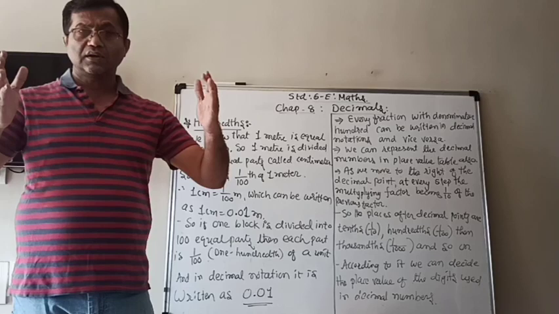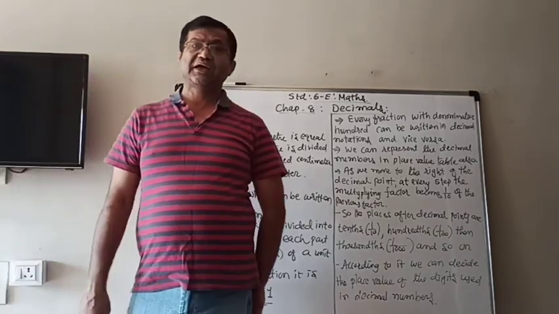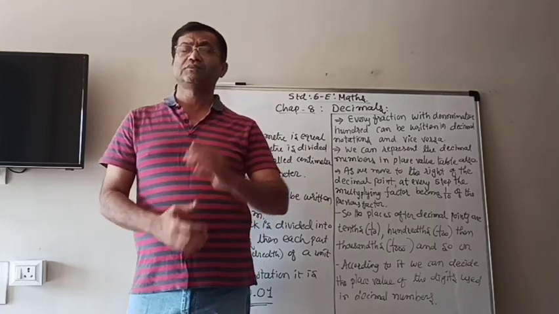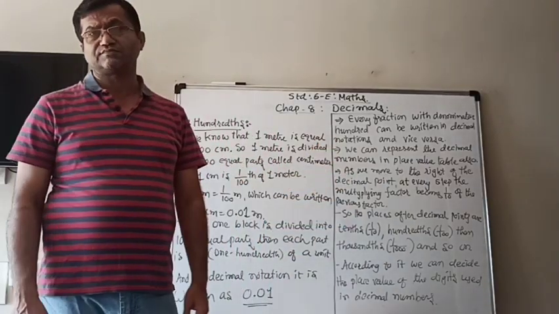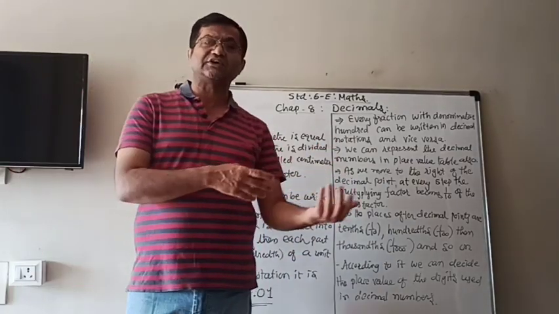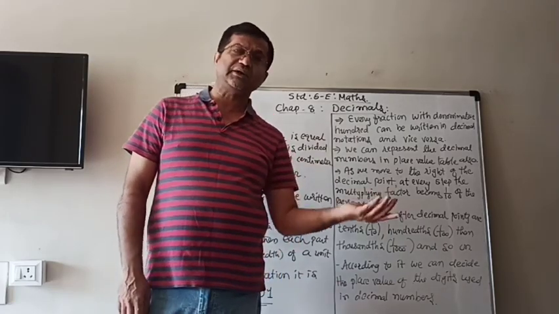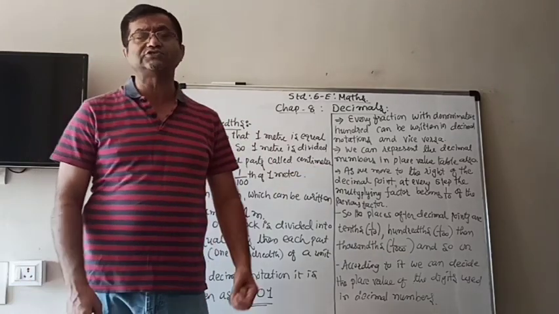We also saw that when a fraction has 10 in the denominator, we can easily write it in the form of decimals, and vice versa, from decimal to fraction and from fraction to decimal.